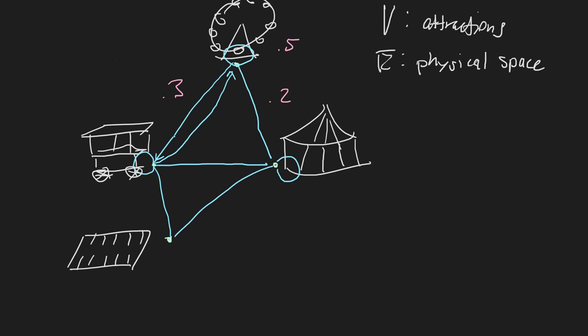So this kind of model is called a Markov chain. The details there are out of scope for this class because Markov chains are not data structures and they're also not algorithms, and this is a data structures and algorithms class.